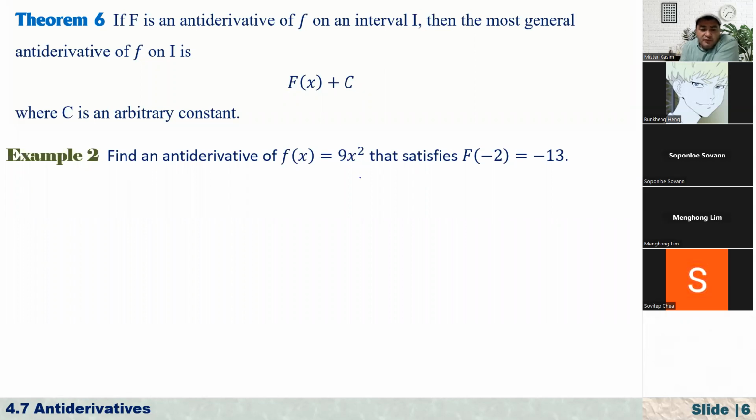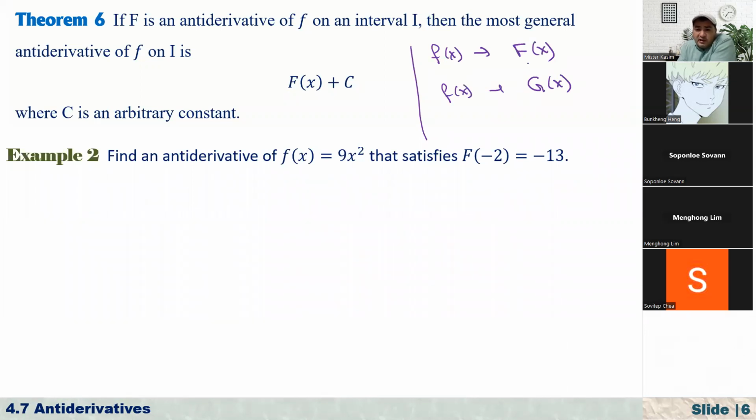Why is it so? The proof is quite simple, let me just write here. Suppose this is f of x, and let's say one of the antiderivatives is capital F of x. Now, if I ask another student, for example, he found another one, g of x.